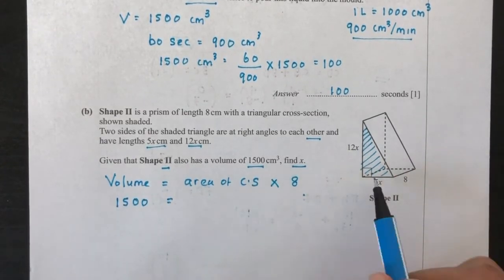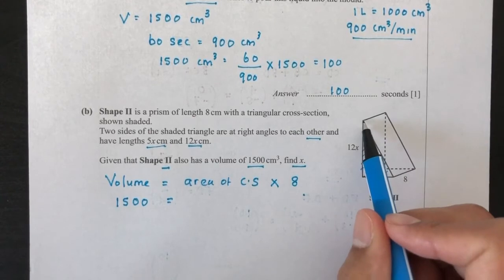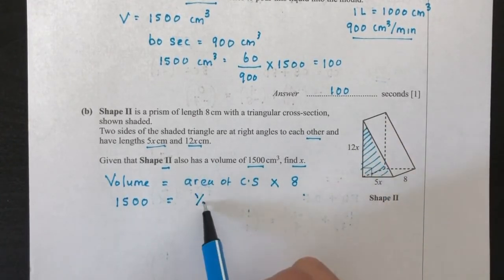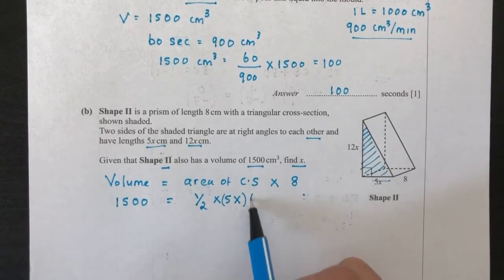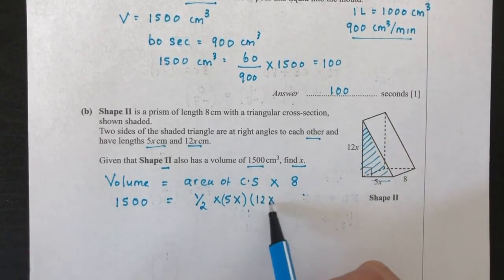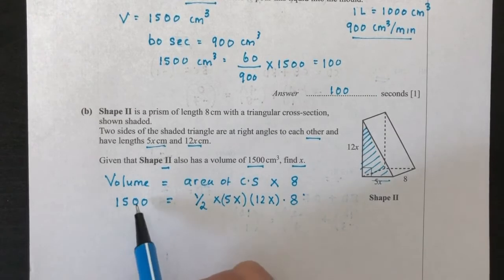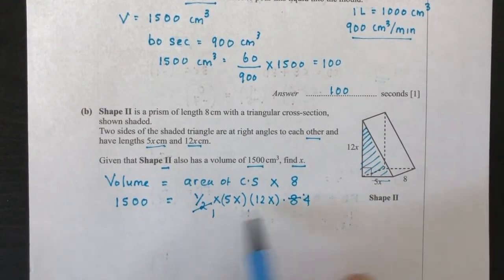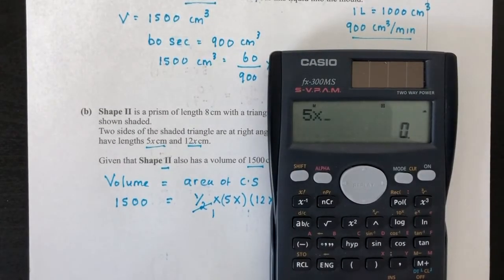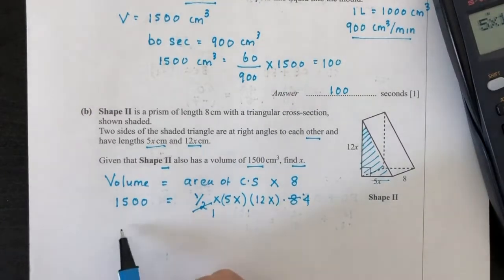How do you find the area of the cross section? The cross section is only a triangle. Half times base, which is 5x, and times height, which is 12x, times 8 is supposed to give you this value. So that'll be 1, that'll be 4. So you will have 5 times 12 times 4, that'll be 240.